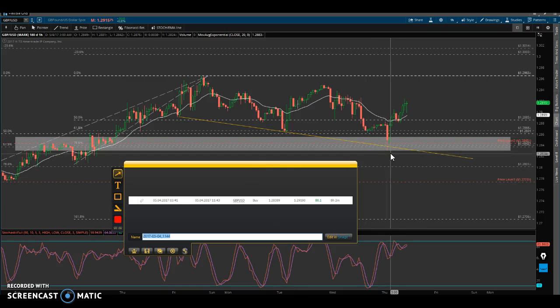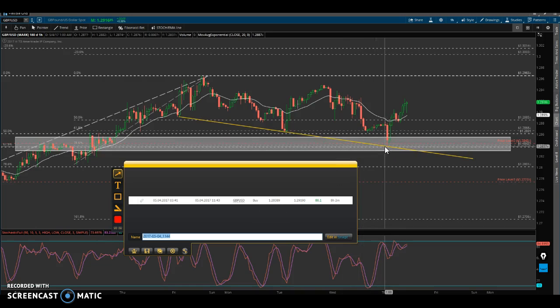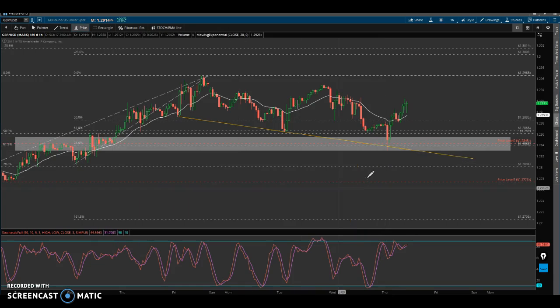This spike down must have been pretty fast, because usually if I use a limit order, I get filled right on the level or the limit order. But I actually got a couple pips better, I believe, or right around a pip or so, a better price for this.